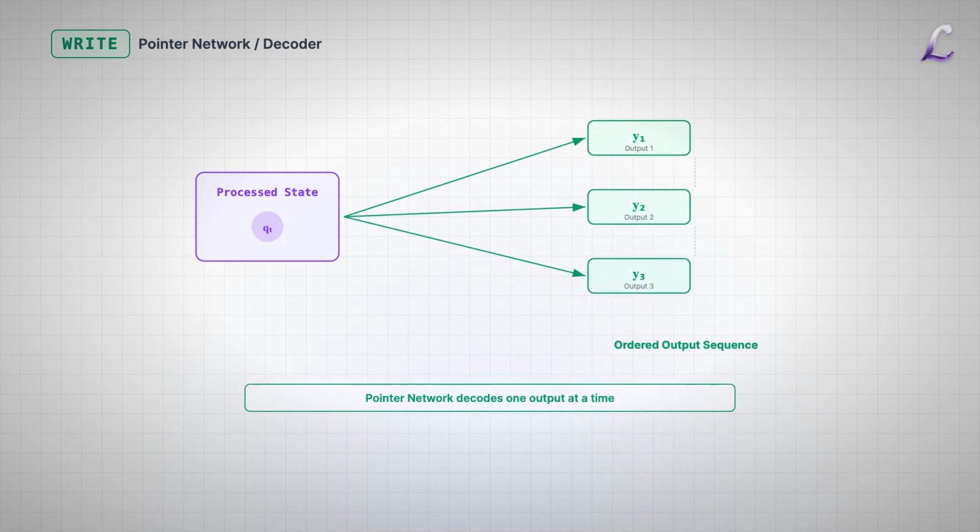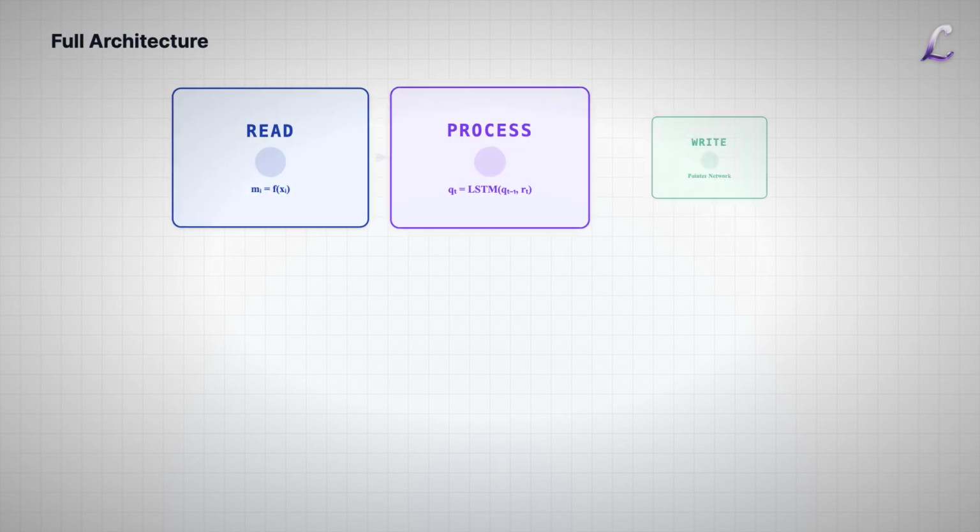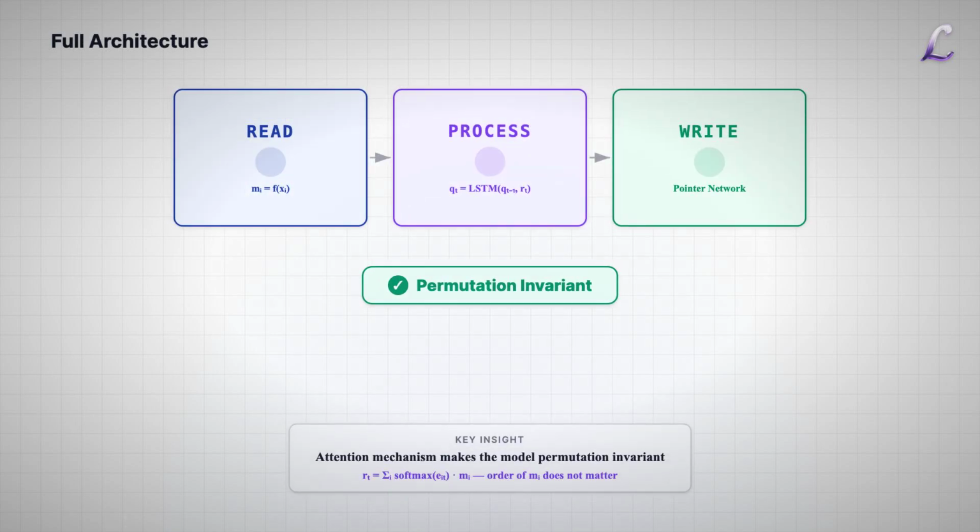The final state q_t concatenates the LSTM output with this attention readout. After T processing steps, the model has iteratively refined its understanding of the set, attending to different elements in different combinations. Crucially, the final representation is invariant to the order of the input set, because attention treats all elements symmetrically. Third, the write step uses a pointer network or standard decoder to generate the output, conditioned on this processed representation.